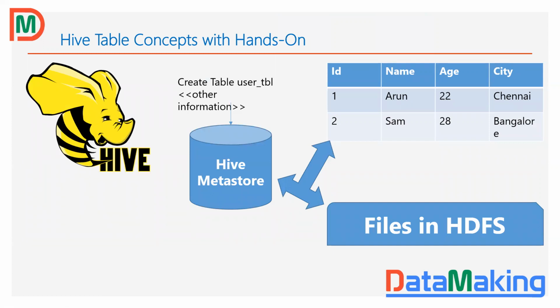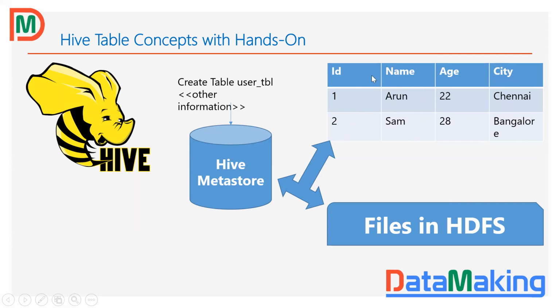Conceptually, there is a component called the Hive metastore, which holds your table information. Say you have a file representing structured data, for example user information: user ID, name, age and city, stored as a CSV or JSON file.